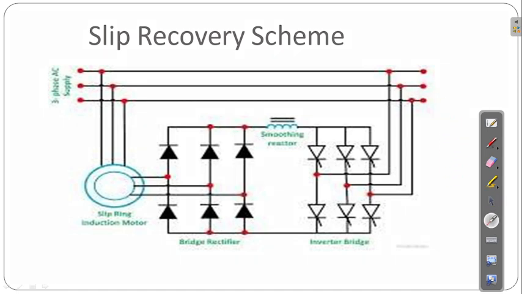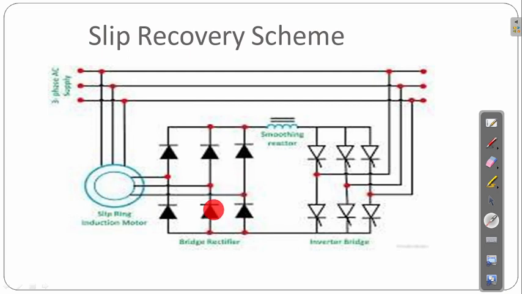The main concept over here: if there is a slip power from this rotor, we will recover this power here also. That is the main concept in that slip recovery scheme. First, it will have an AC supply over here, and we'll have a rotor rotation with the help of this stator.